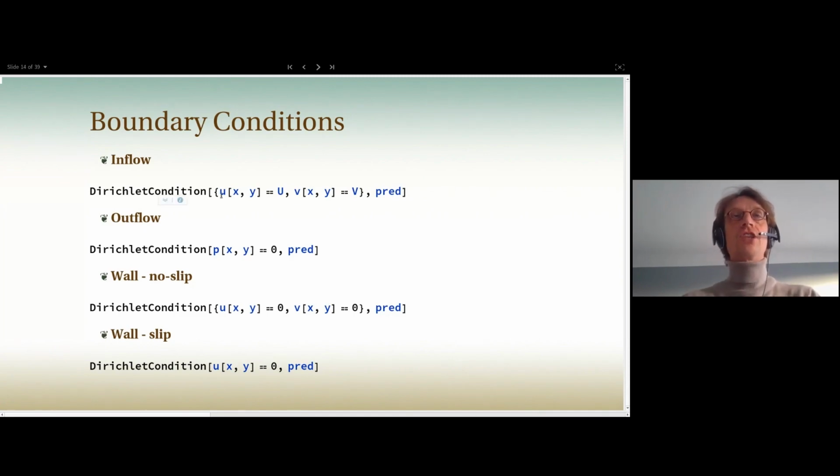So it's a Dirichlet condition where you specify the u and v at the inflow. An outflow condition is often done by specifying the pressure or setting it to 0. Wall boundary conditions, like a no-slip condition, is when you have u and v at the wall set to 0. And the slip boundary condition is that you have one of these two components set to 0 and the other one is free to move.